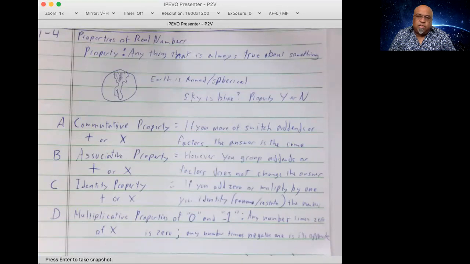Or you could say, well, the sky is blue behind the white clouds that I'm looking at. Point being, I'm not trying to overdo it, but the idea is a property is something that we know to always be true. The Earth is always spherical, yes. The sky is always blue, no. But in certain circumstances, we can depend on that.